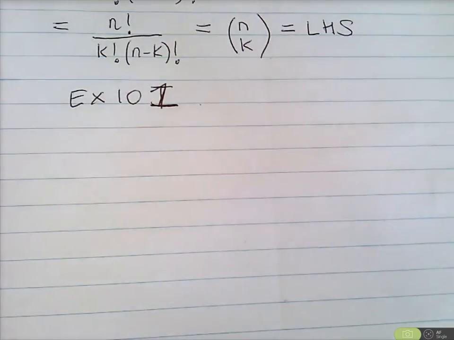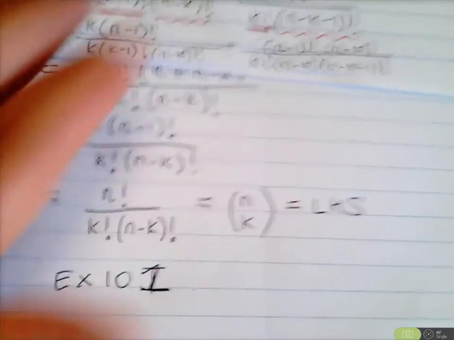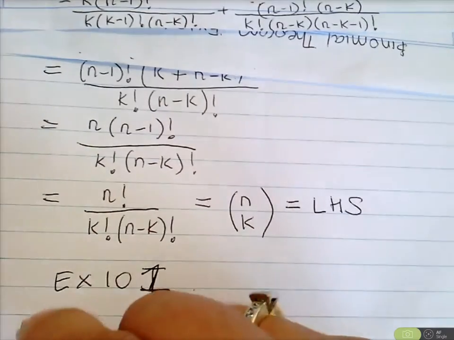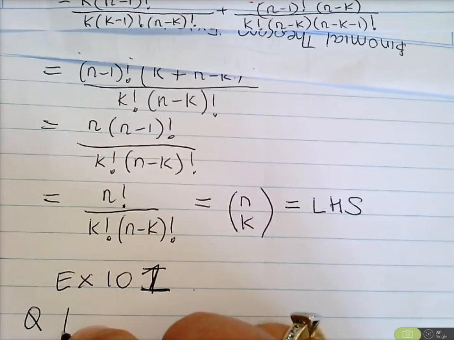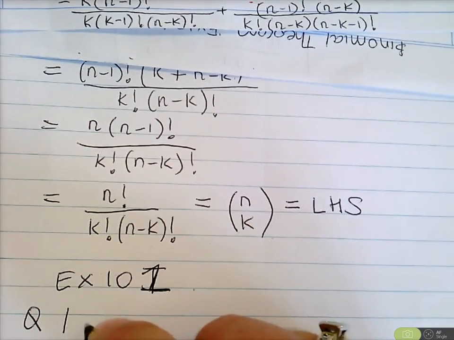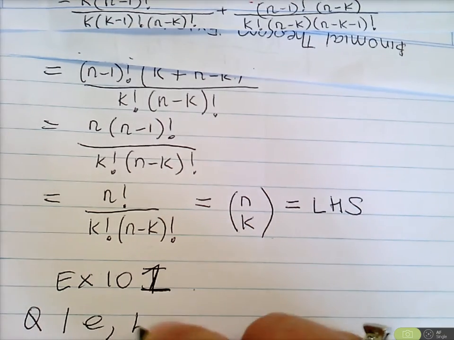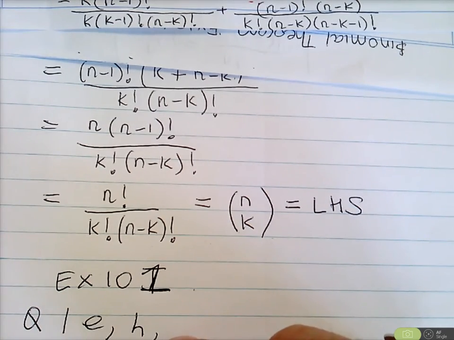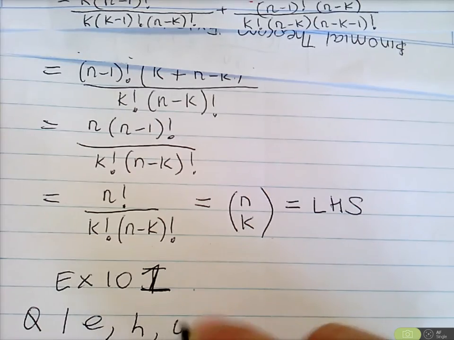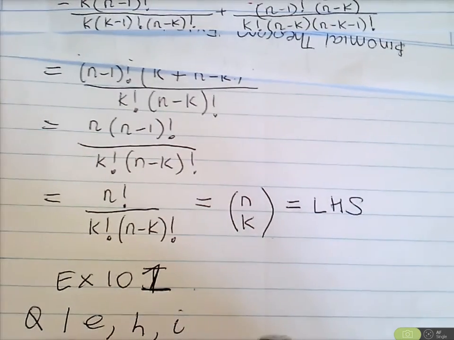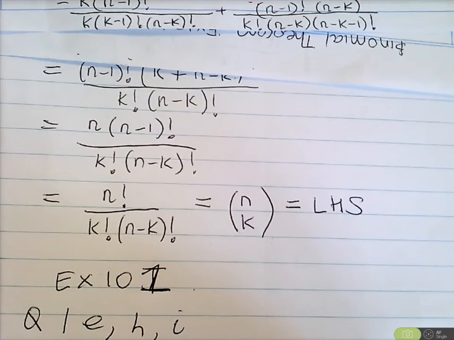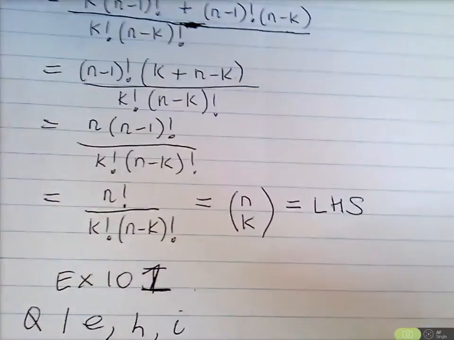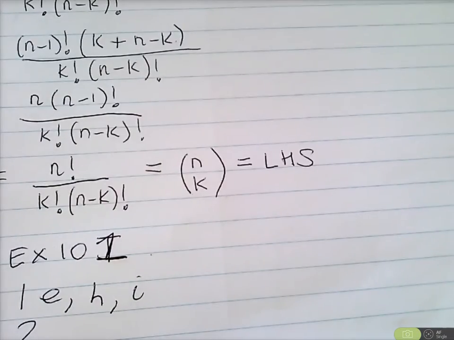All right. Exercise 10, question 1, I reckon just 1E, H, I, that's easy. Question 2, I only did 1.